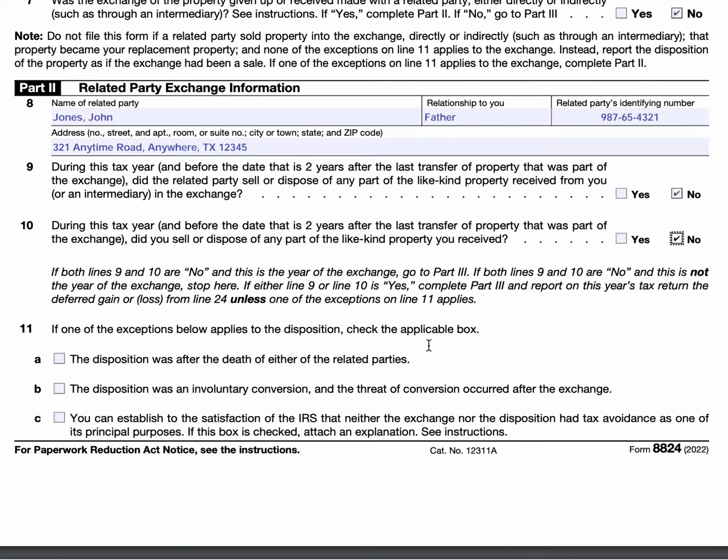So there are times that you can have a transaction where you're deferring the gain, but if you're doing this as part of a shell game and the transaction should have had tax implications and you're just trying to squeeze this in through a loophole, the IRS does reserve the right to evaluate this on the merits and then disallow the tax treatment that would have been allowable if this was not a related party exchange.